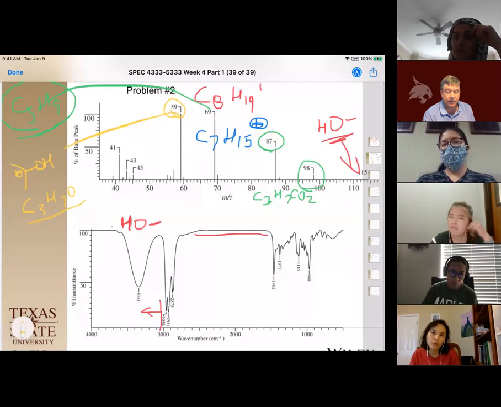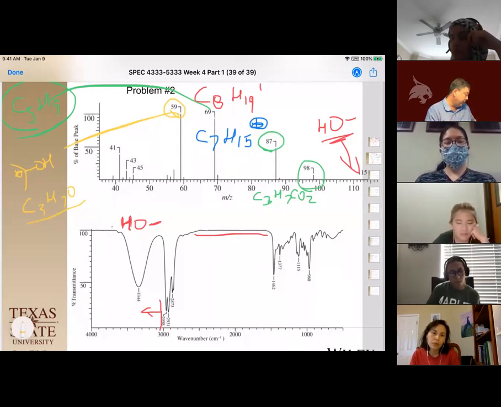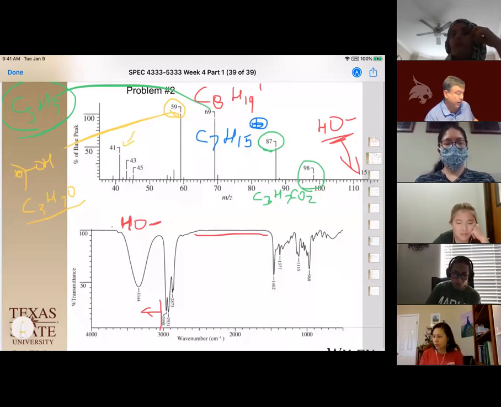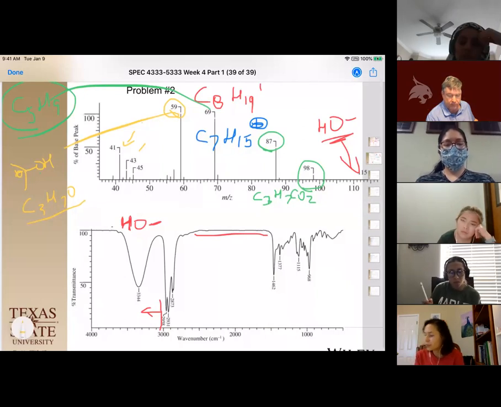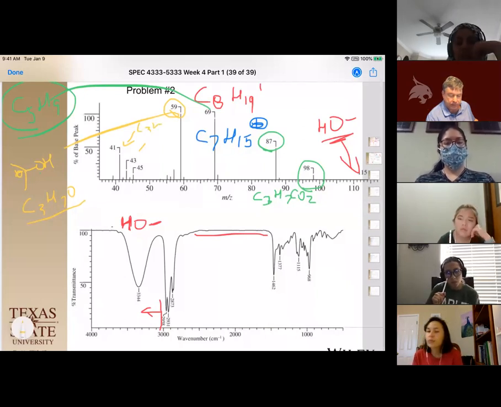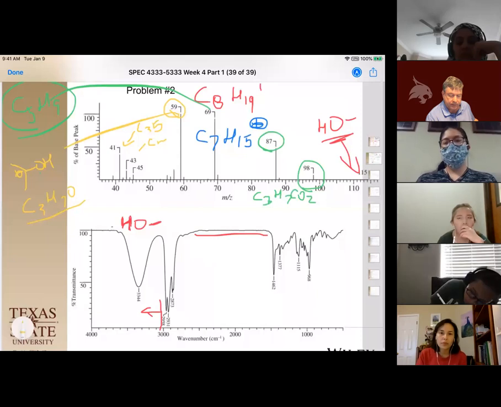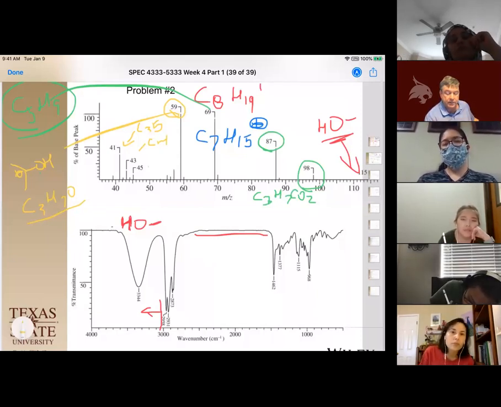Let's see what the last ones are. We have 41, which is a familiar peak. It's a C3H5. We have the 43, which is a C3H7, and this one is a fragment with a C2O on it.